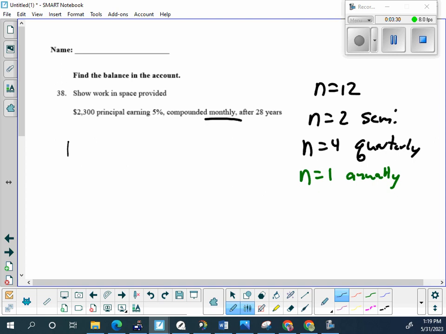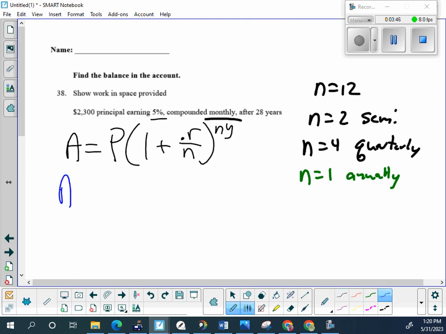So I'm going to use the amount in the account is equal to the principal times 1 plus r as a decimal, so 0.05 as a decimal, over n, to the n times y power. Your job is to fill in the values and calculate it on your calculator.